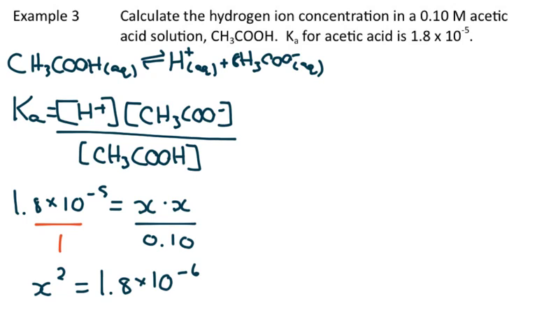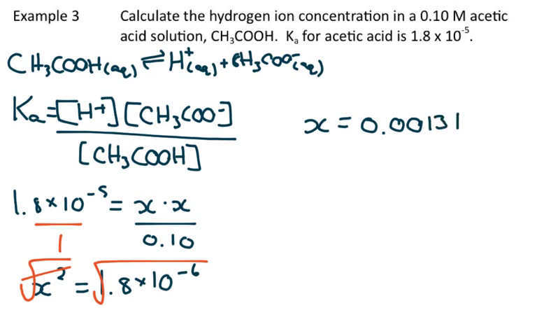In order to get X, we will have to square root both sides. And we get that X equals, if we go to sig figs, we'll need 2 of them, 0.0013 molar.